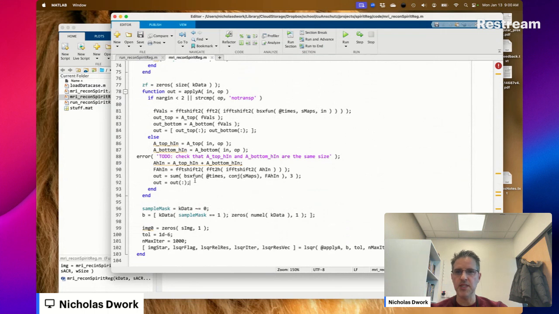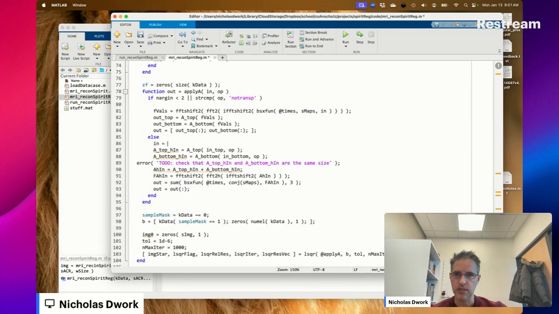So this is certainly outputting vectors. But here's part of the problem. This needs to be in one and in two, or maybe in top or in bottom. That might be easier. So we need those variables.